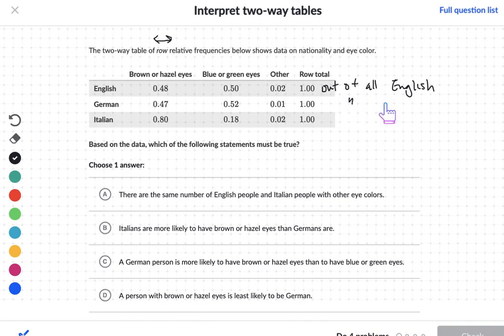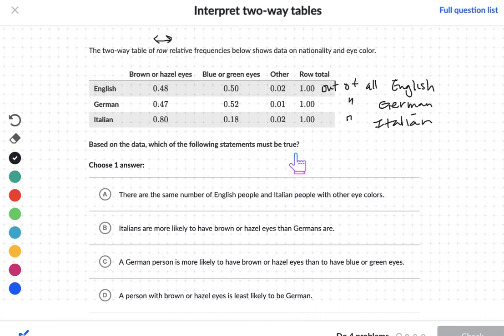This is out of all German. And this is out of all Italian. Okay, we don't have the column relative frequencies. We don't have the totals or the column relative frequencies for brown or hazel eyes, blue or green eyes, and other. Okay, so very important. So that's going to affect these statements later and whether they're true or not.